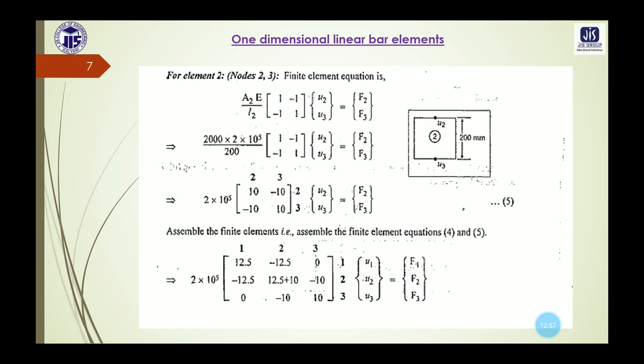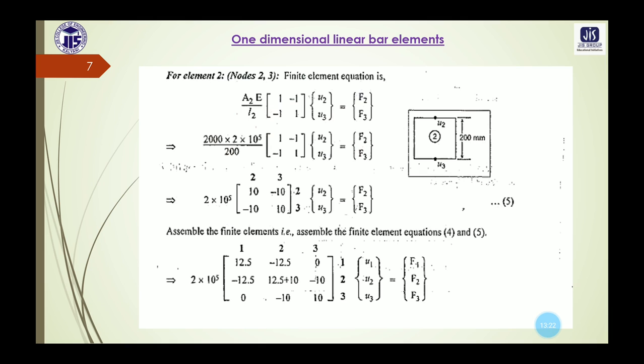These are the nodal displacements corresponding to the element 2. So this is equal to F2 F3, the column matrix corresponding to the element 2, which has nodal points 2 and 3. If we put the values of the area, Young's modulus and length, then after several steps we will get the equation number 5.